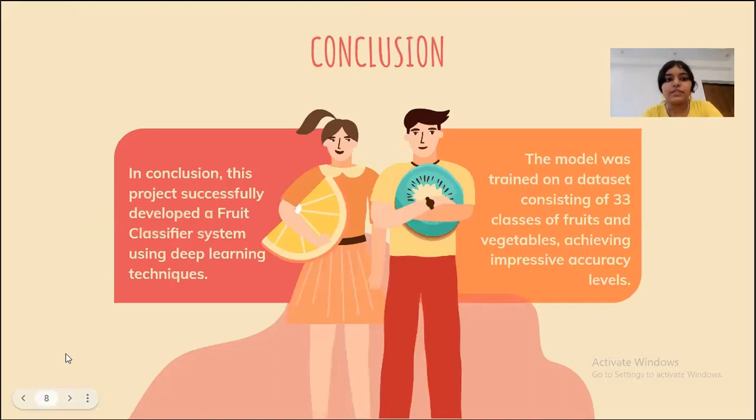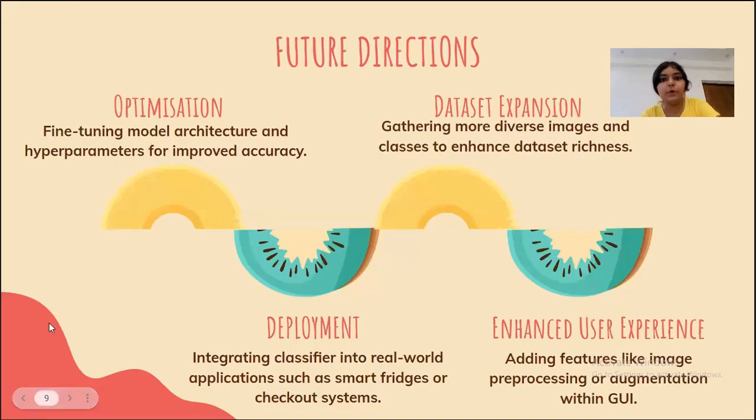So in conclusion, this project successfully developed a fruit classifier system using deep learning techniques, and the model was trained on a dataset consisting of 33 classes of fruits and vegetables, achieving impressive accuracy levels. The validation accuracy was 99%, which is the accuracy on the unseen data. So it's a very good accuracy.